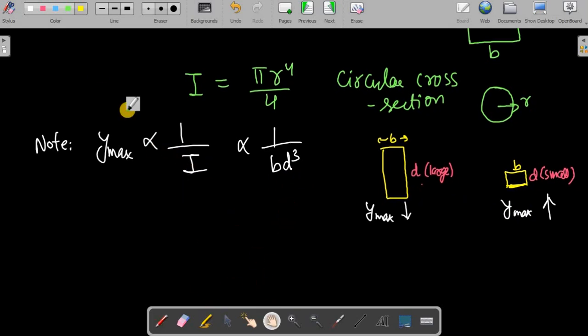So this is how the design of the cross section area of the beam affects the maximum deflection.